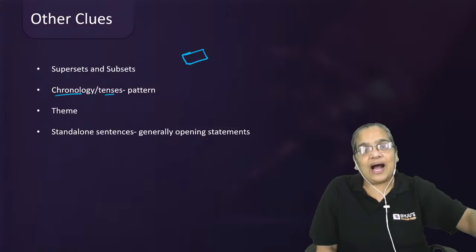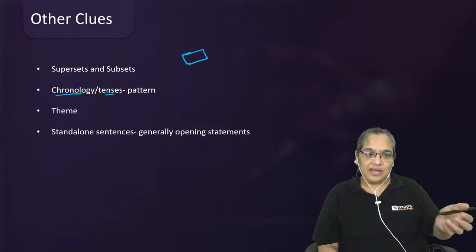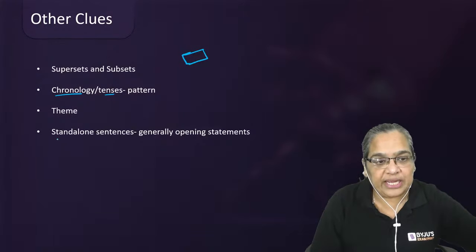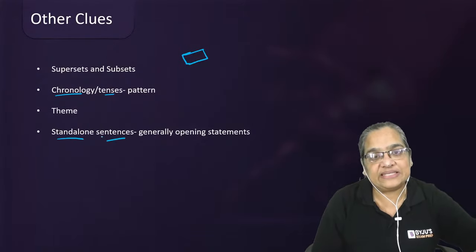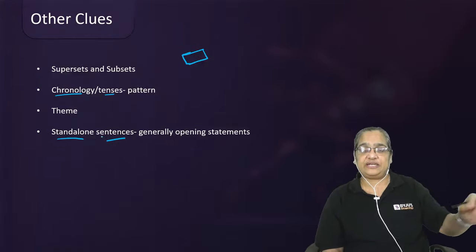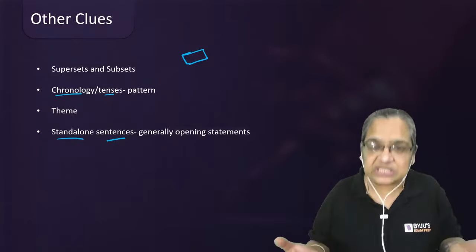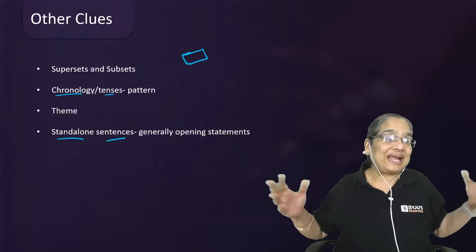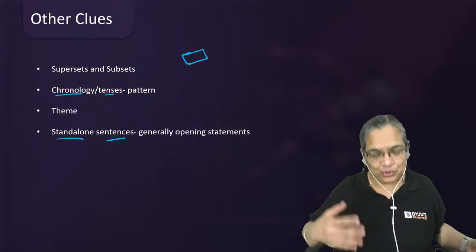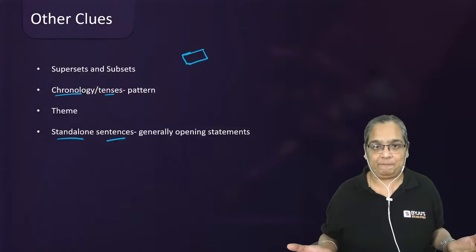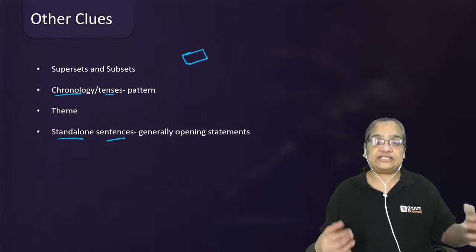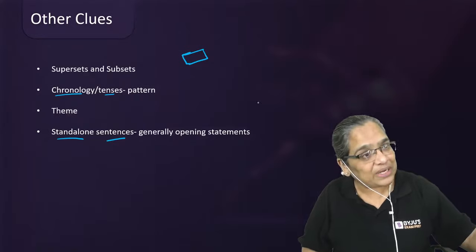By and large, see the rules which follow. Generally, when you're looking at an opening sentence, it has to be a stand-alone sentence. What does that mean? A stand-alone sentence is one which introduces a topic, one that doesn't require any introduction for us to get its meaning, right? If you find such a sentence, it should be the first one in the sequence.